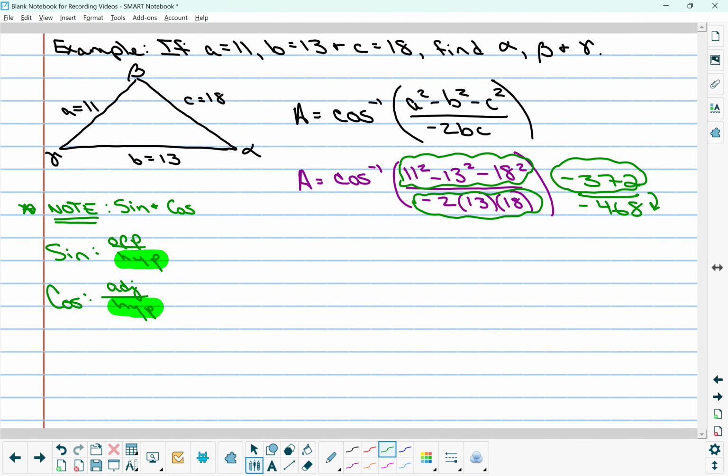That can't happen. And if it does, and you're sure that your math is correct, then you have a triangle that does not exist. So if the numerator is greater than the denominator, and I'm not talking in terms of signs, not like absolute value of the numerator over the absolute value of the denominator.